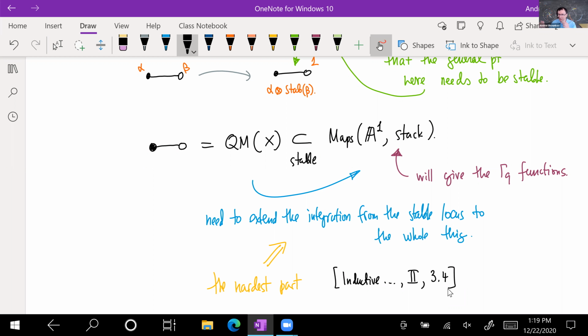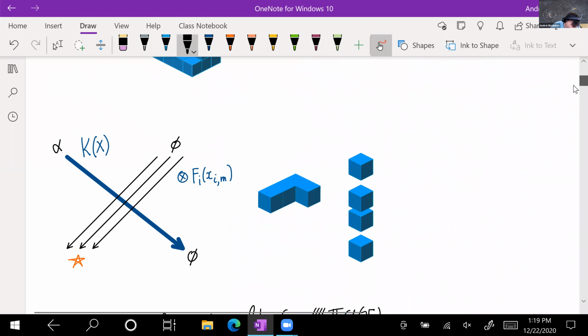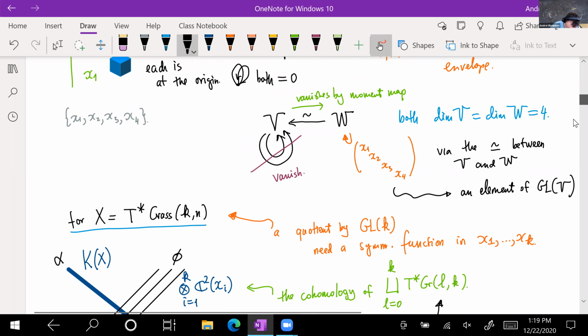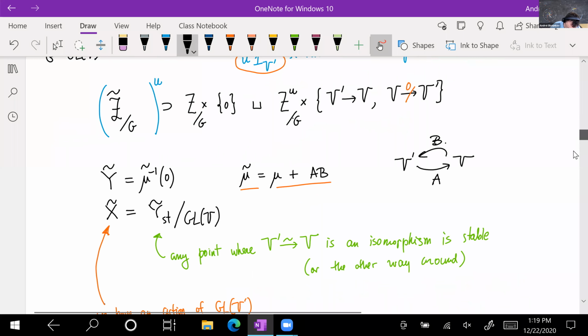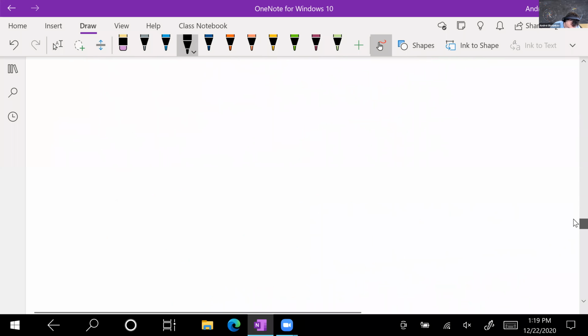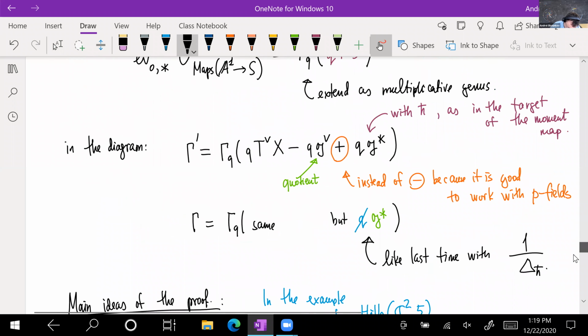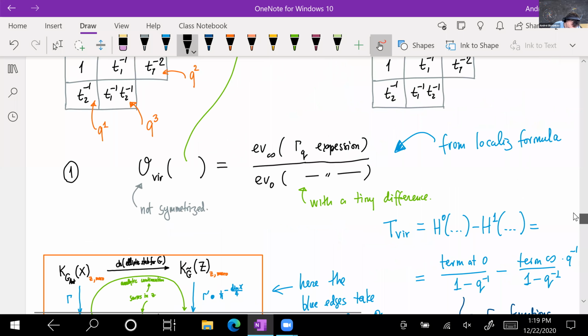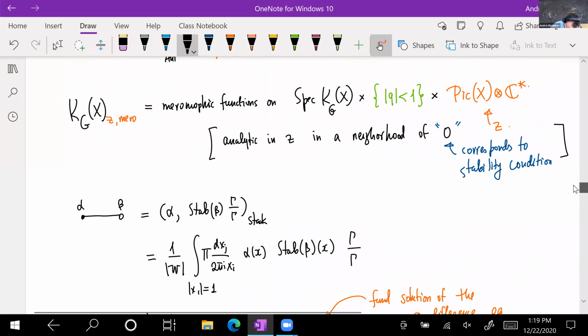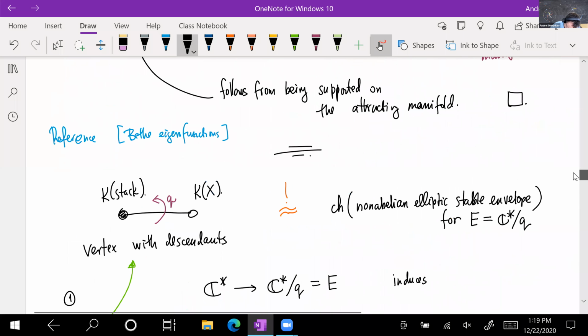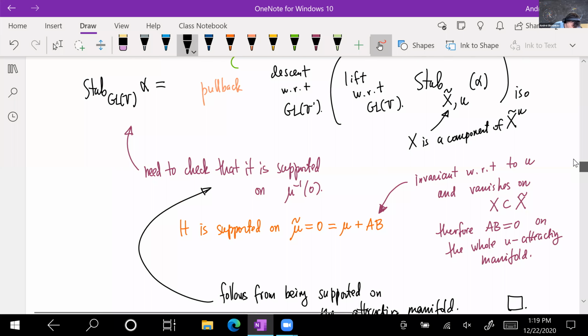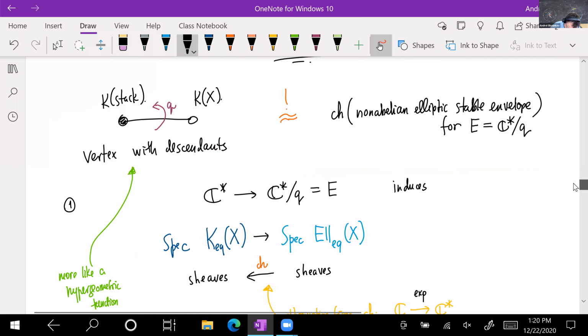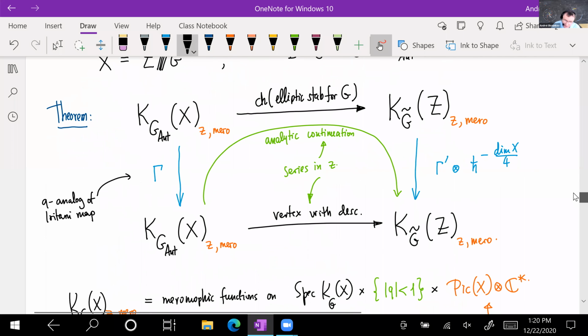So Melissa is right. In this diagram here, what was my main diagram? Oh, sorry, I had this diagram somewhere. I lost it. Oh, here, right.